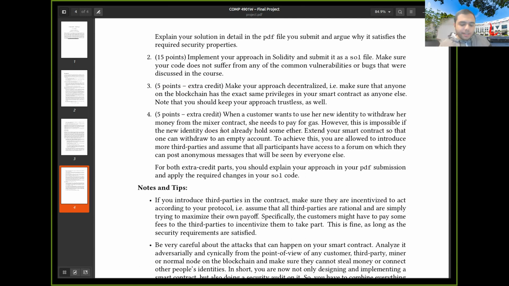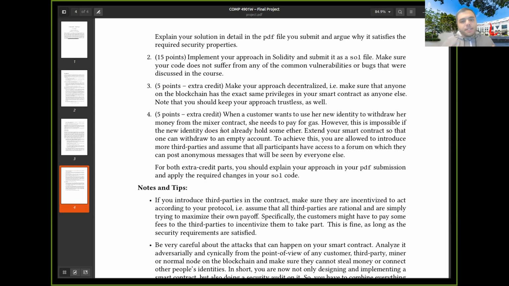And we talked about transaction fees. We said that we actually use gas instead of a fixed transaction fee. So what this means is that if someone wants to call a function in a smart contract, they have to have some money in their account, right? Because at the very least, they have to pay for the gas.